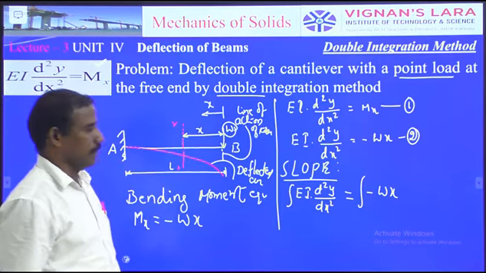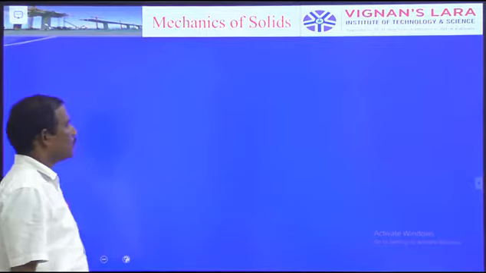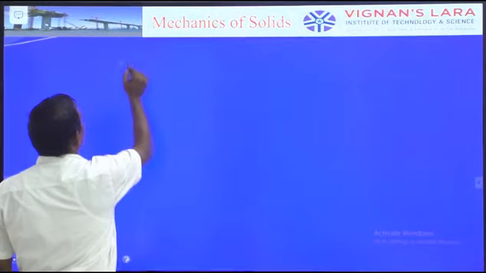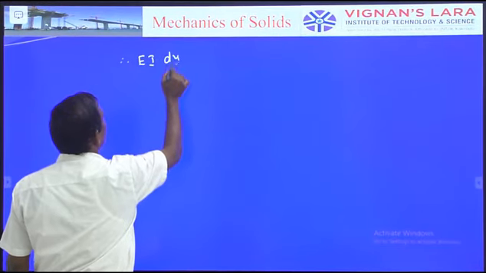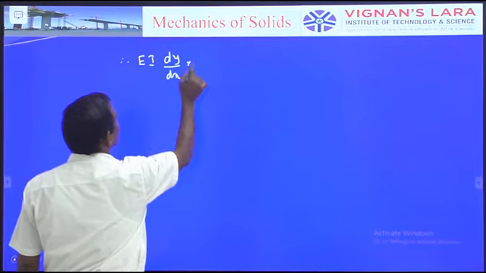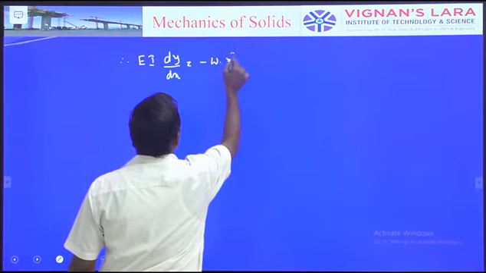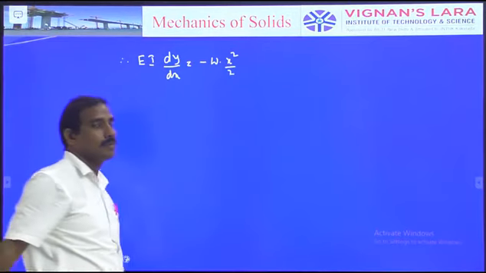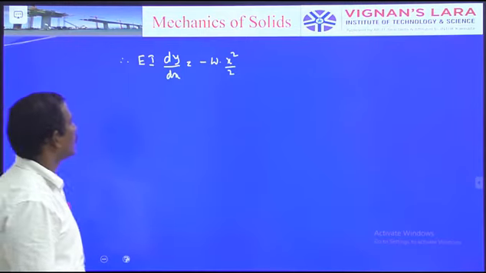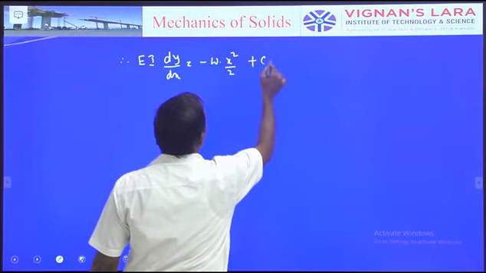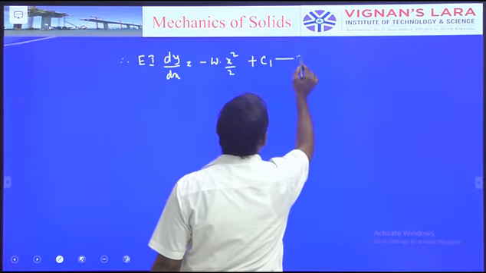Then simply integrating it, we get EI dy by dx is equal to minus W into x square by 2 plus C1, since the integral of x power n dx is x power n plus 1 by n plus 1. Say this is equation number 3.